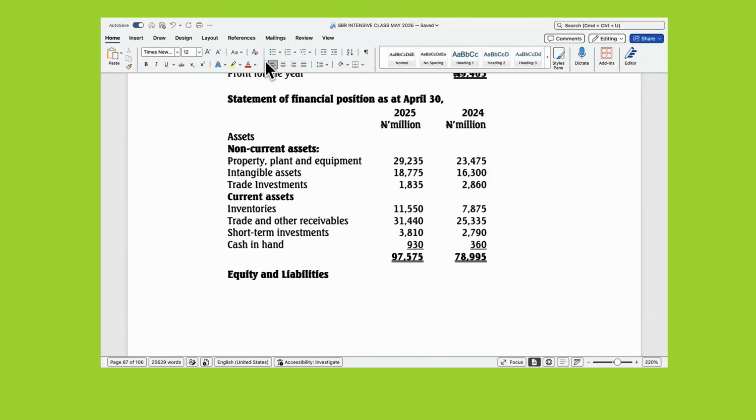The next one, short-term investment, I will not touch that because they told me in the additional note that that's a cash equivalent because it can be liquidated between 30 to 90 days. So it's a cash equivalent. Same thing happens to the cash in hand. I won't have to do much with that.